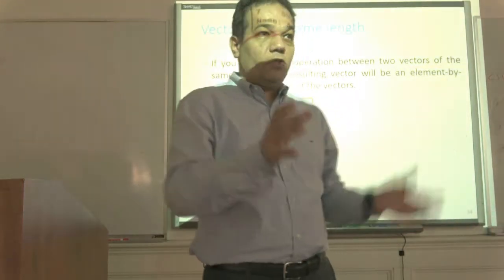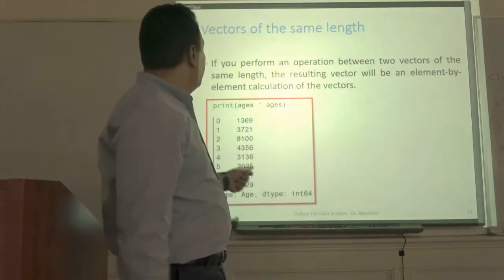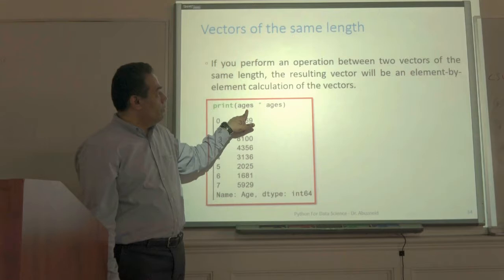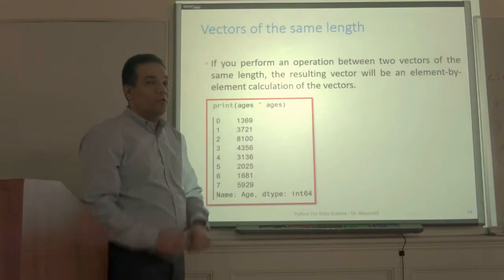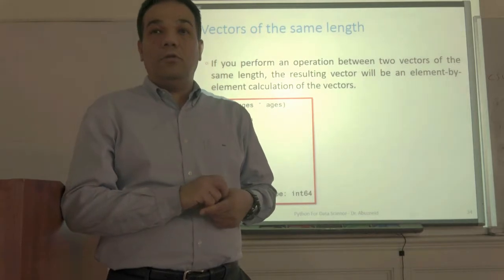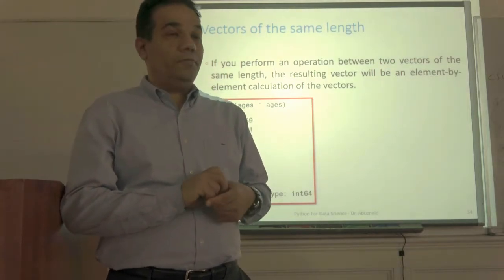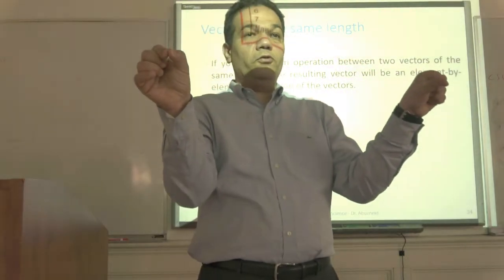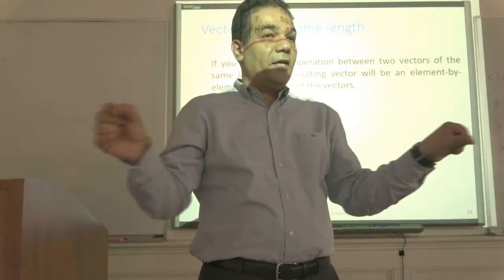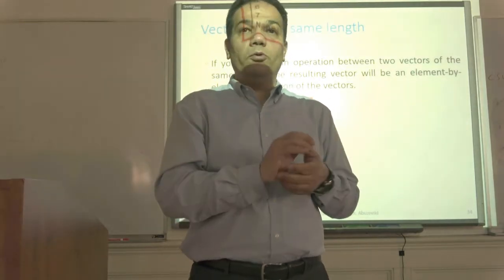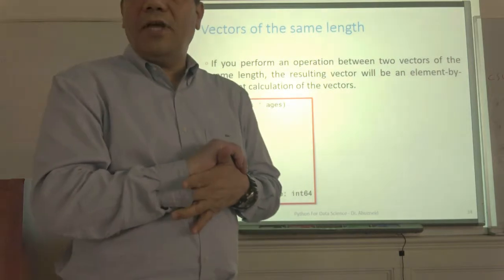So if you do ages times ages, what does it do? It will go from the first cell with the first cell of the other vector and multiply them together, second with second, like kind of broadcasting. You don't have to create a loop for that.